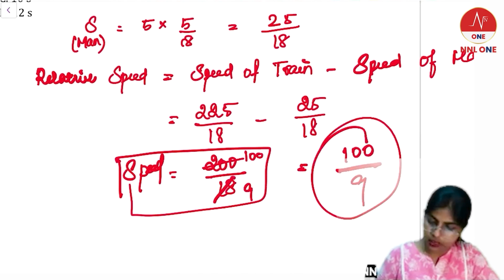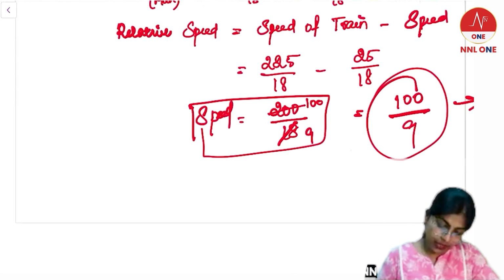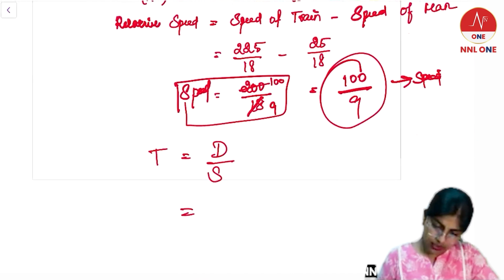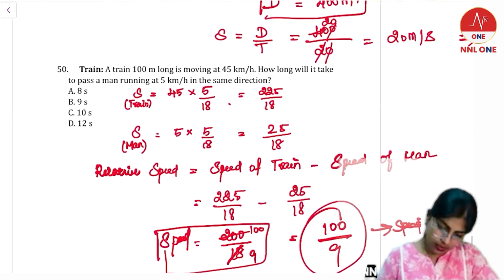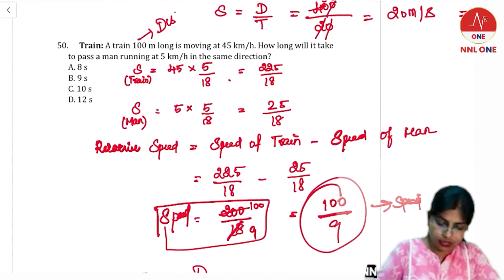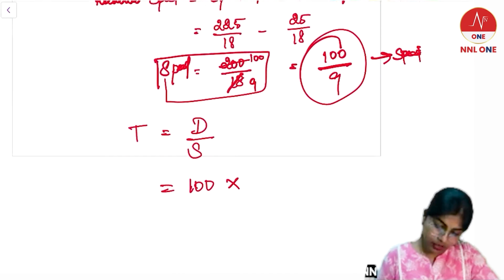Now we know the speed, so we can calculate the time. Time is equal to distance traveled by speed. What is the distance? 100. A train 100 meter long, so this is the distance. Divided by speed.